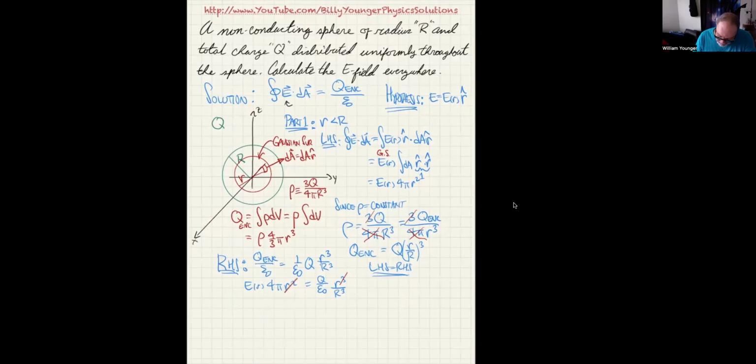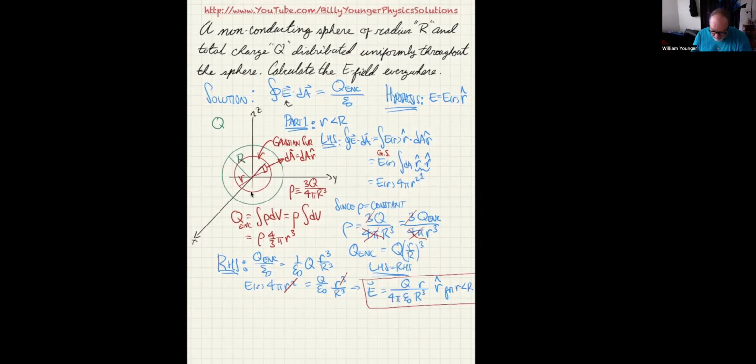So ultimately what we get is E is equal to Q over 4 pi epsilon naught big R cubed times r to the 1 power, and then all that times r hat, and that's for r less than big R. So that's part of our quest, determining what the electric field was for r less than big R.